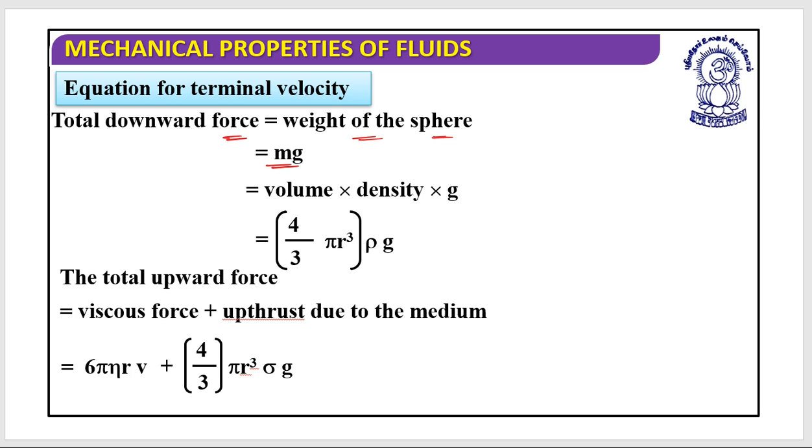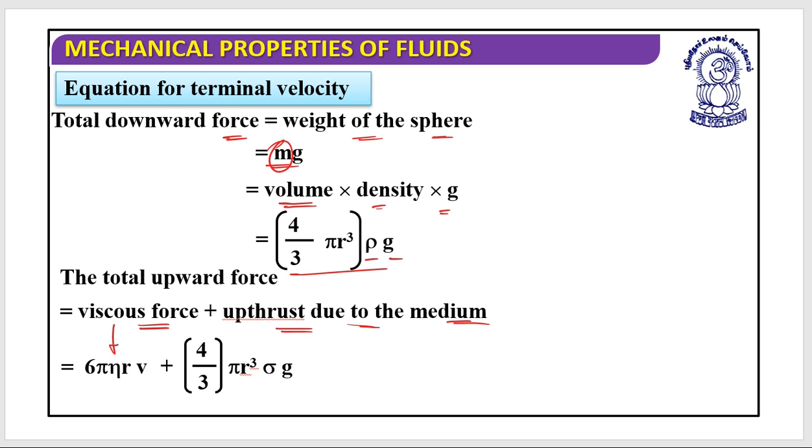The weight of the sphere can be written as m into g, and this mass can be replaced by volume into density into g, which is 4 by 3 pi r cube into density into g. This is the downward force. The total upward force can be calculated as viscous force plus upthrust due to the medium.